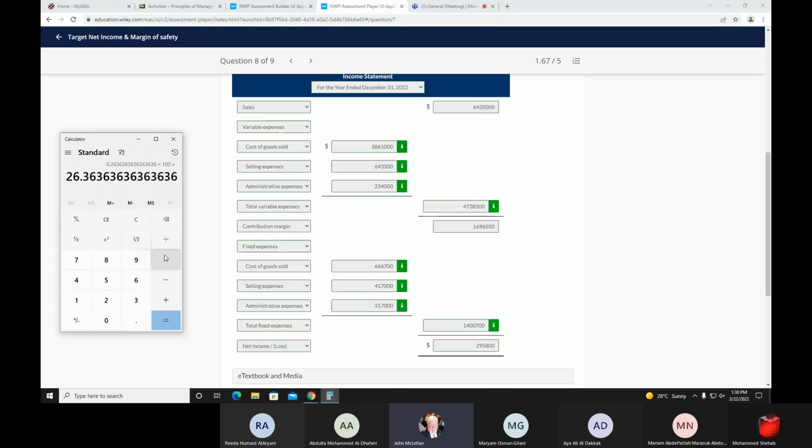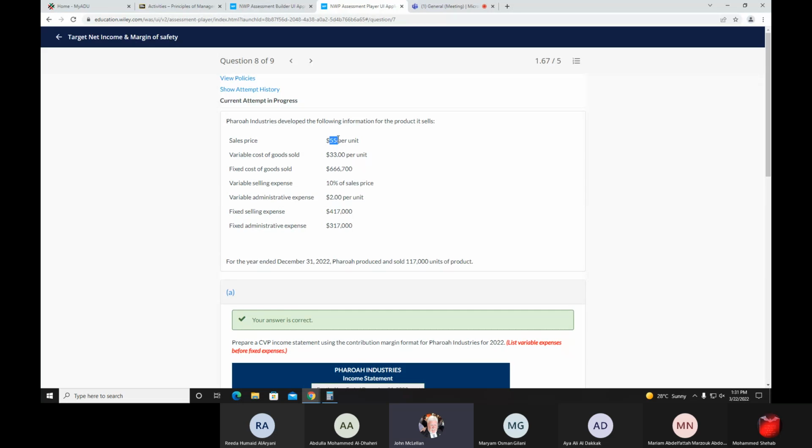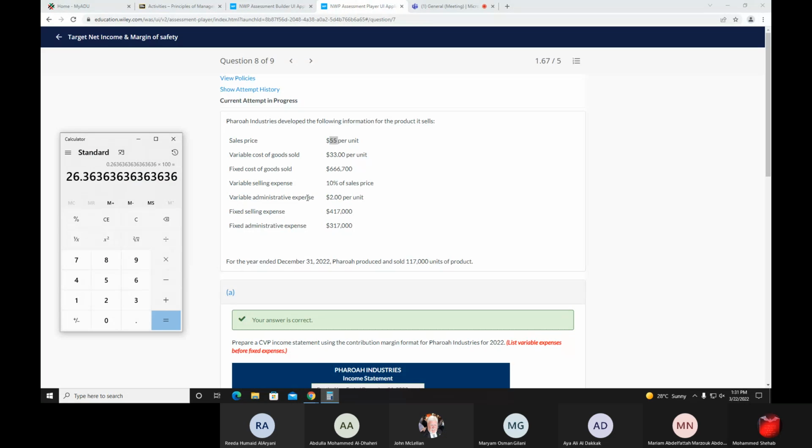What's the selling price? They give it to us? Yeah, they gave it a selling price 55. So 55 minus 33 minus 5.5, which is 10% of the selling price, minus 2 gives me the contribution margin. I'll do that.